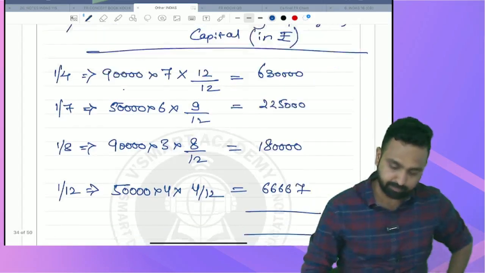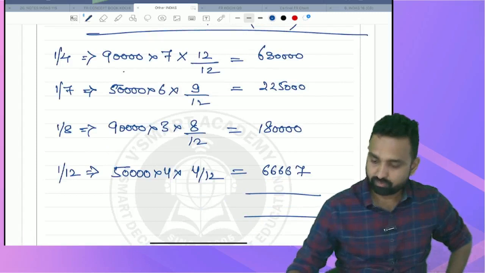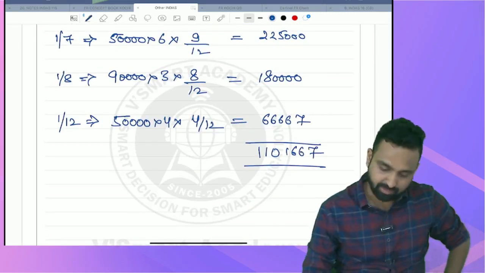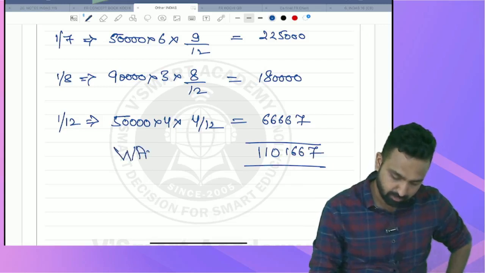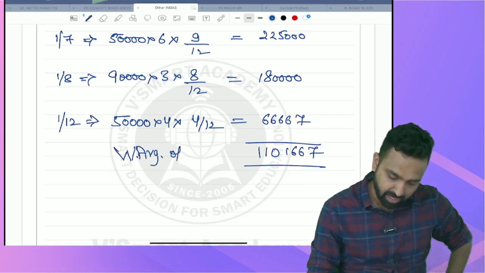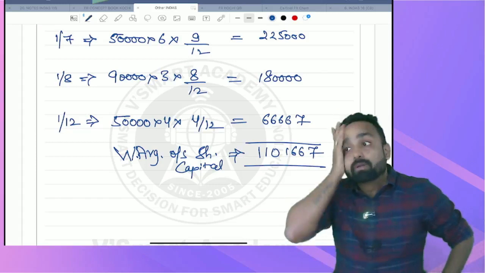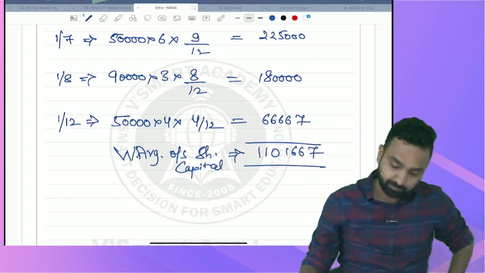Do it. Total is 1667. It's weighted average outstanding share capital.